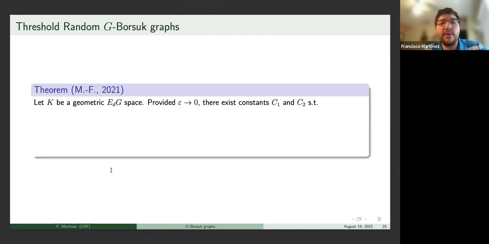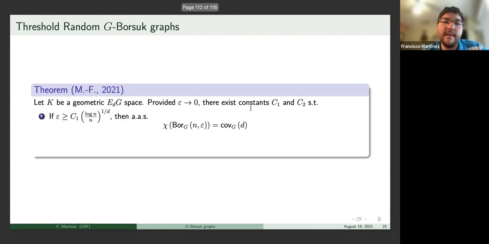So then if we have that probability measure on K being a geometric G space, and provided that epsilon goes to 0, then there exist constants C1 and C2 such that if epsilon is greater than this, the chromatic number is the same as the G covering number.